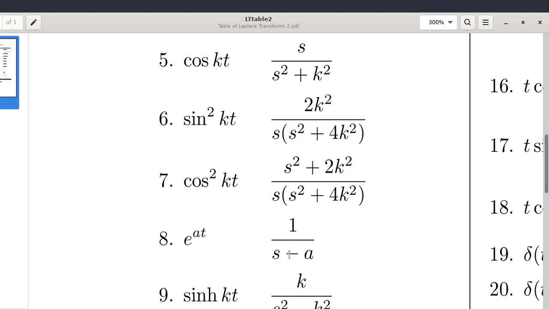So if this was 1 over s minus negative a, if we make the a negative, then this would be e to the negative at. And making the a negative here would be like saying s plus a. So it's going to be e to the number times x. In this case, they use t, but we're using x. E to the number times x, but change the sign.